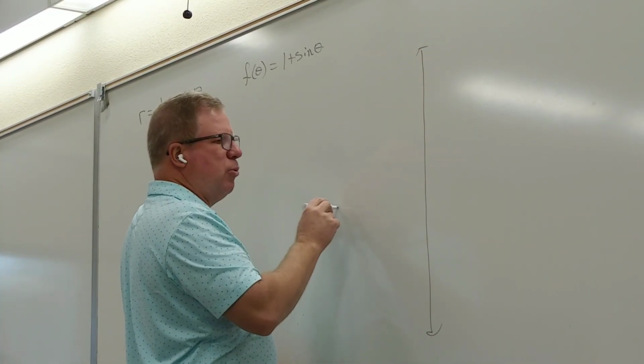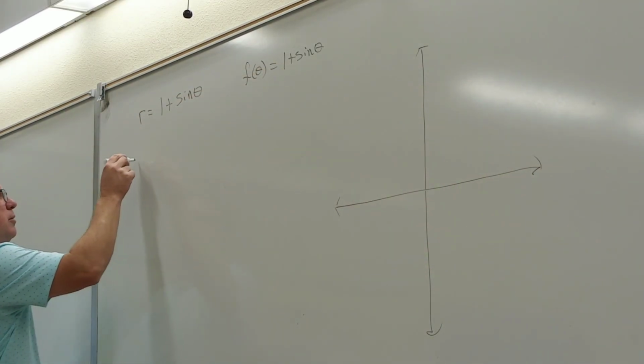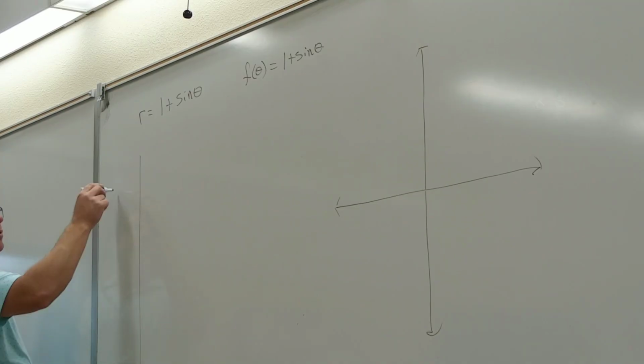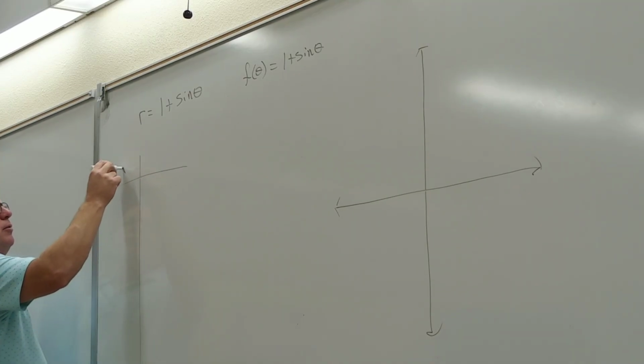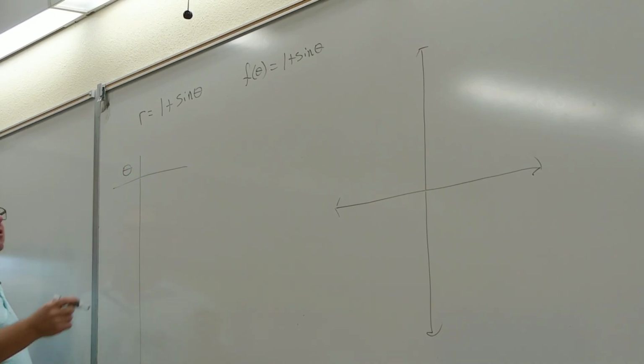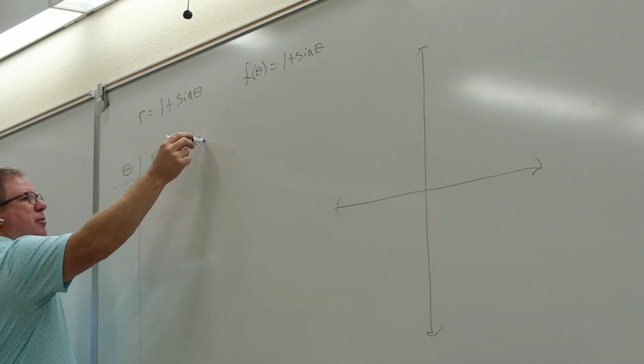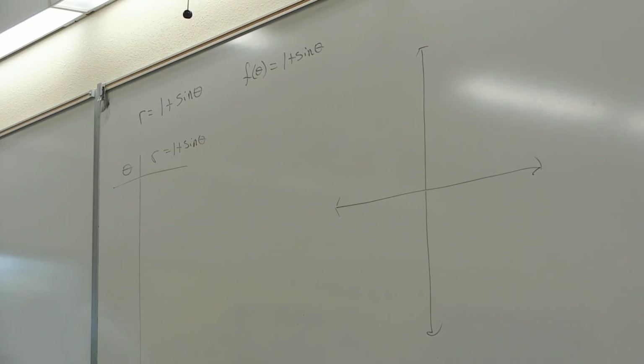We're going to make a table. And actually not r, we're going to put numbers in for theta, and then we're going to get r over here. Theta is the independent variable. Theta is like, in that context, it's like x. It's the number we put things into. r is like y. It's the result when we put those things into theta.